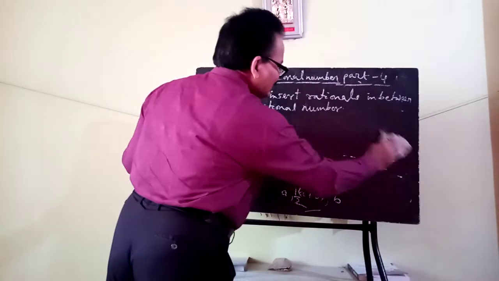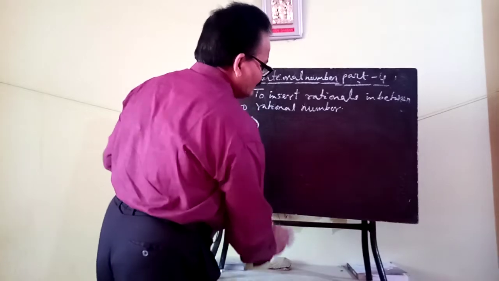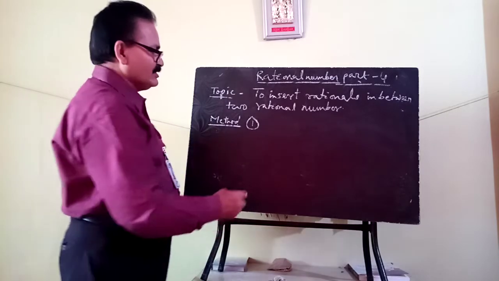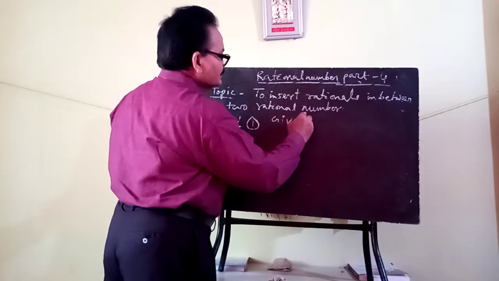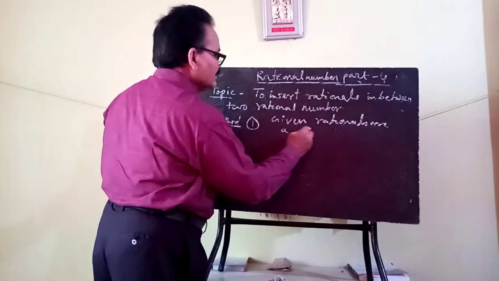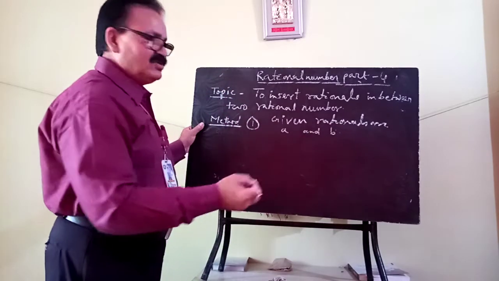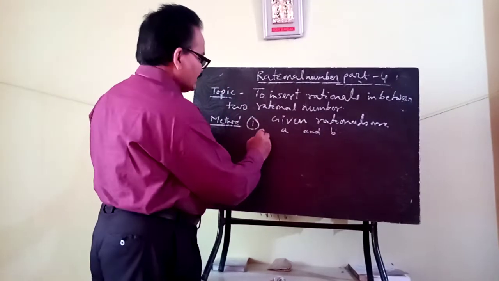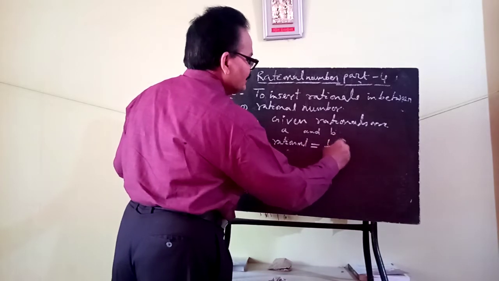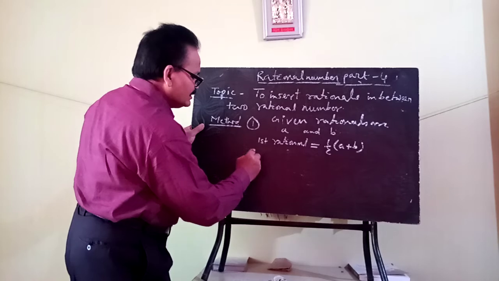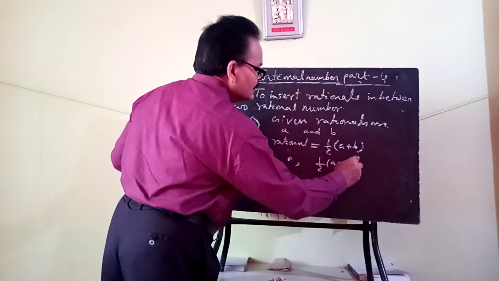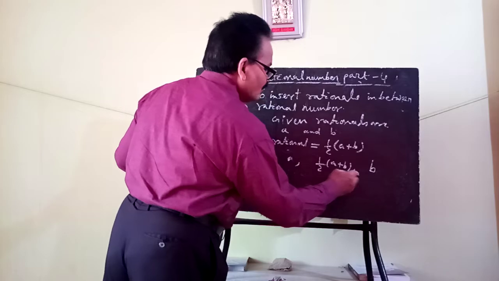Okay. Now, in this method, you can find out comfortably up to 3 rationals to be inserted in between A and B. Suppose given rationals are A and B. So your first rational you have inserted in between them is half of A plus B. Now the series is A comma half of A plus B comma again B. So 1 is inserted.